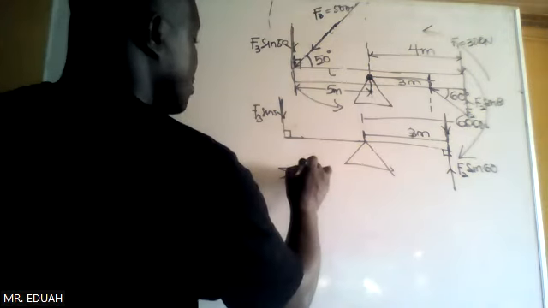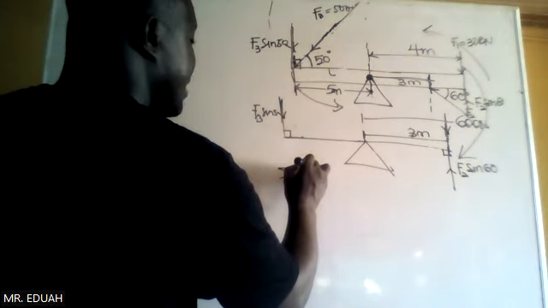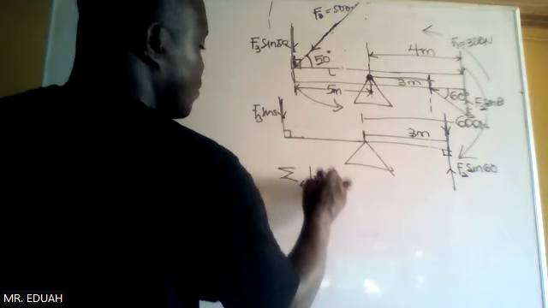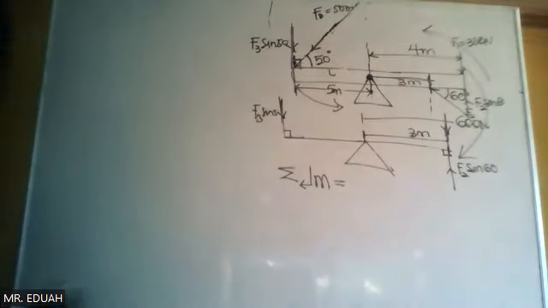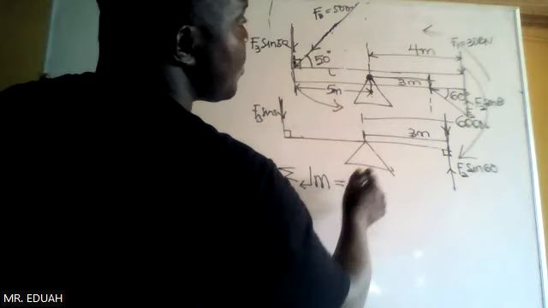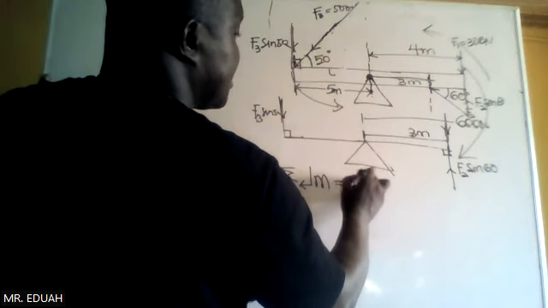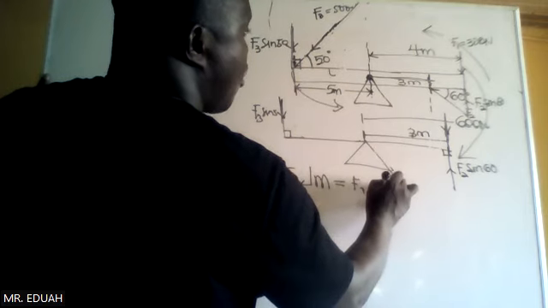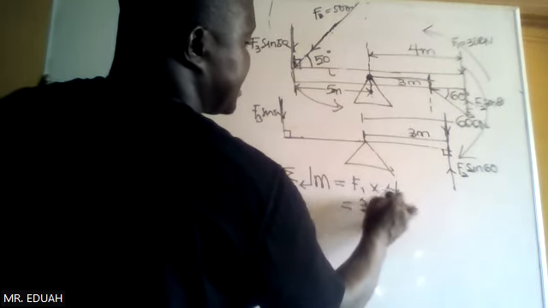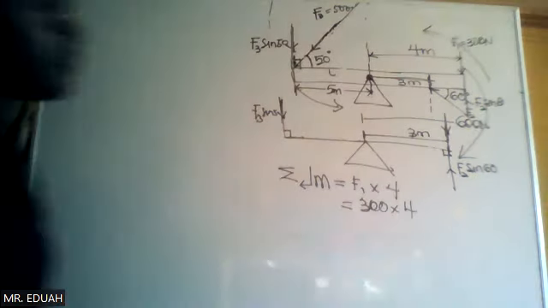So the sum of clockwise movements, even though we have only one, which defeats the adjective sum, but let's use it. This will give us F1 times 4, and F1 is 300, so 300 by 4.